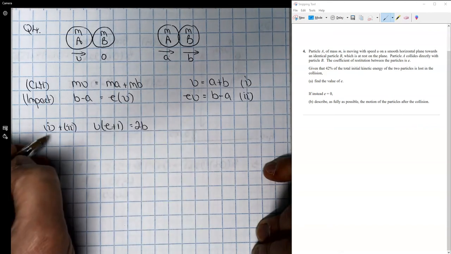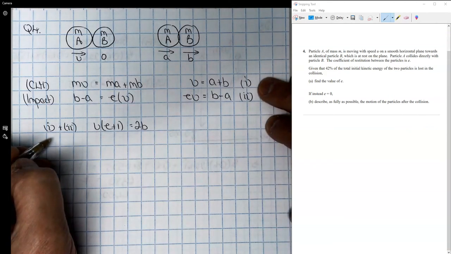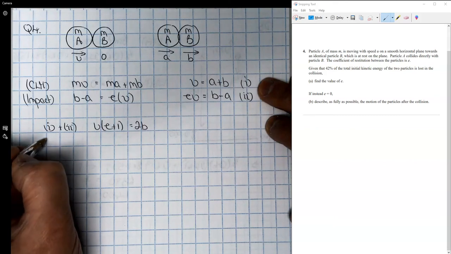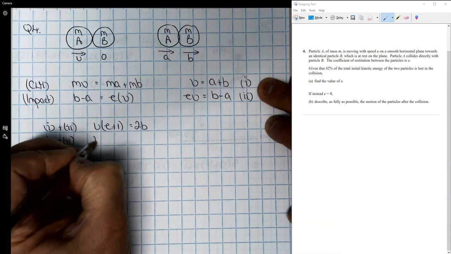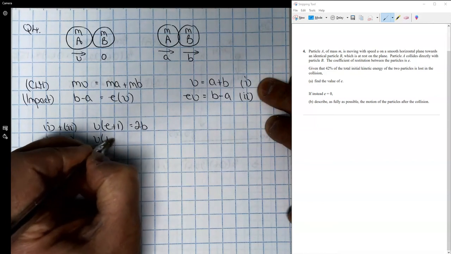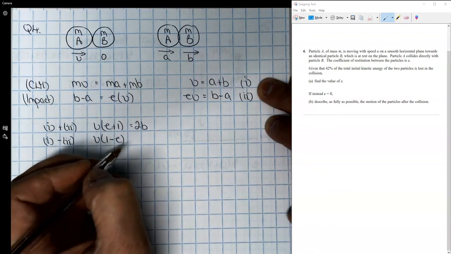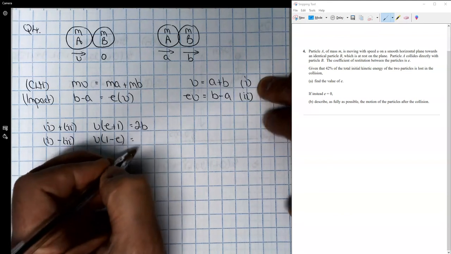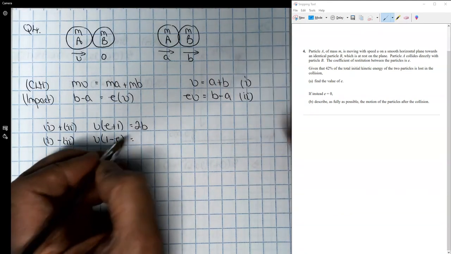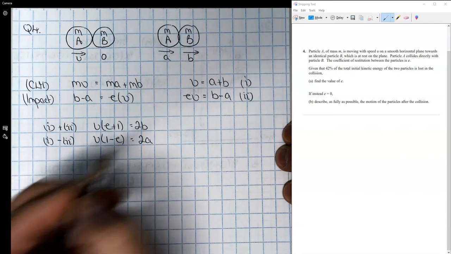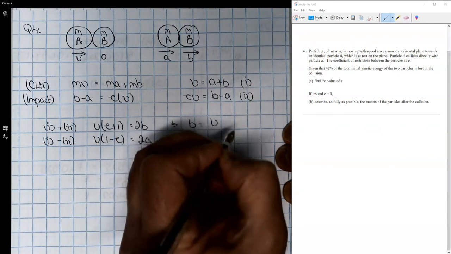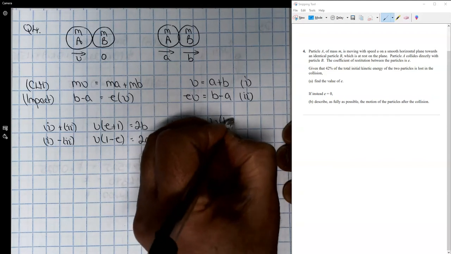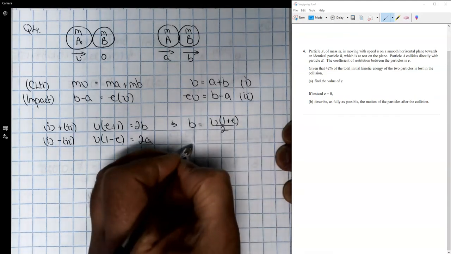So now we've got b, and if I do 1 take away 2, I get u times (1 minus e) equals 2a. So now I've got b equals, let's get them in the same format, u times (1 plus e) over 2, and a equals u times (1 minus e) over 2.